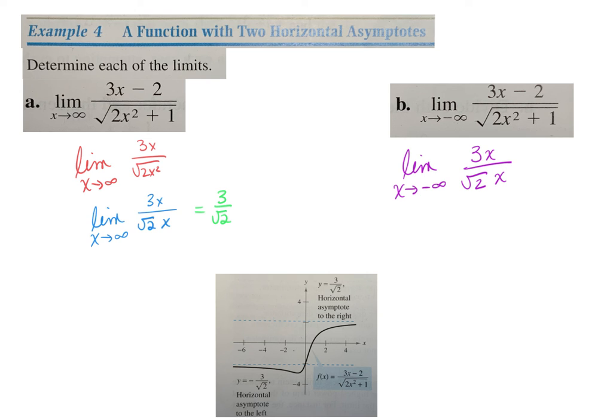But what happens in the bottom is I have to consider the fact that I took it out of a root, and it's the negative root. When you start considering the fact that you have a negative root here, you actually have to kind of negate this guy. Because I took the square root of a square, and I'm talking about the negative root here, right? And so then when I look at negative infinity, by taking it out of the root, I had to go ahead and put a negative here. And so this will be negative, and then this will be negative of a negative. So this guy is actually going to be a negative 3 over square root of 2.